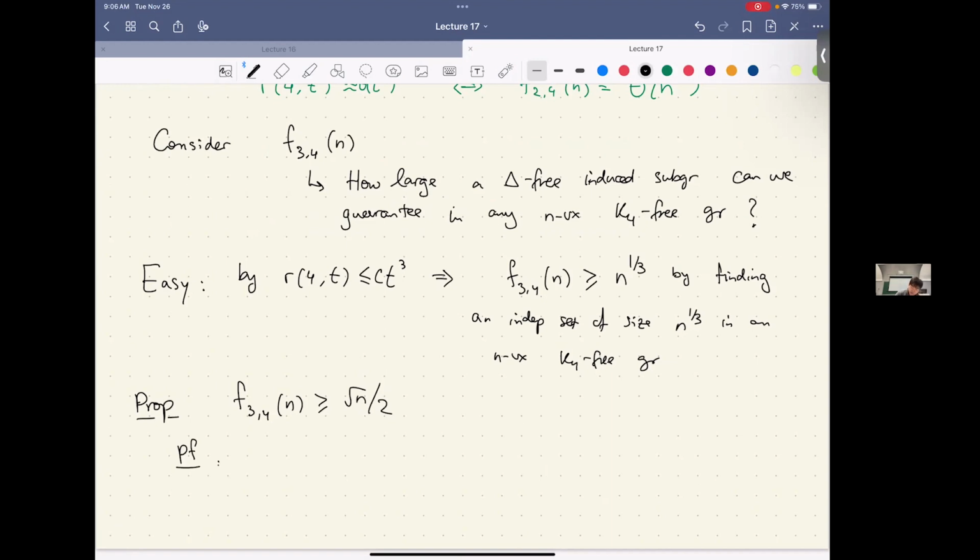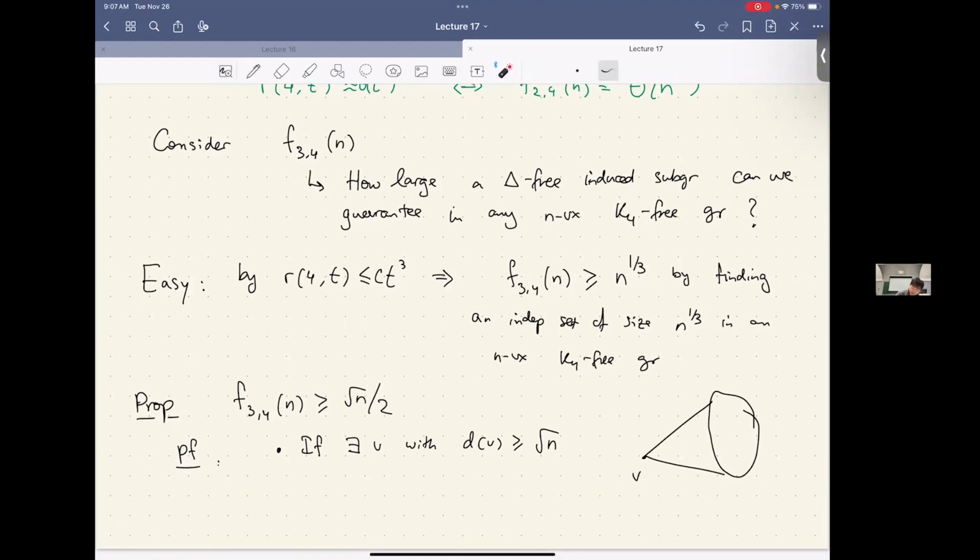Proof, first case. Do you have a vertex of degree at least square root n? If there exists a vertex V with degree at least square root n, the key observation here is that the graph is K4 free.